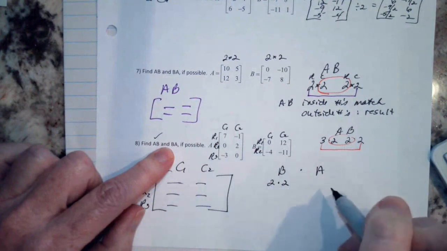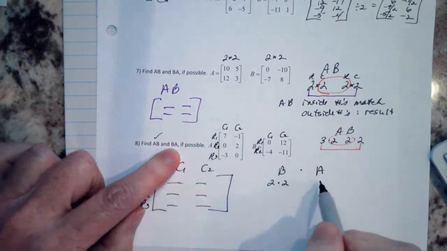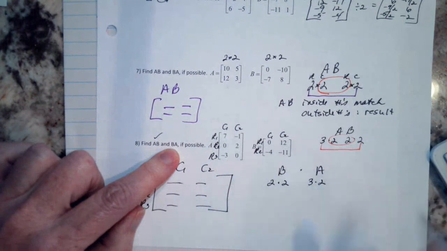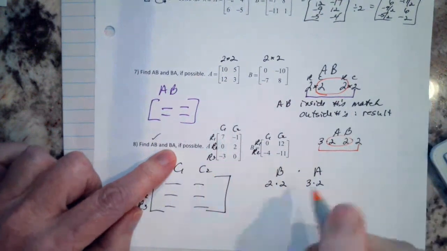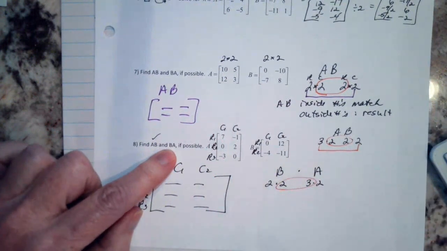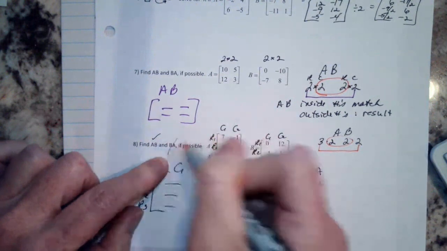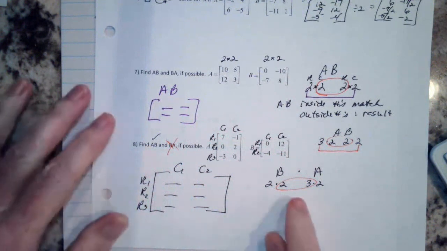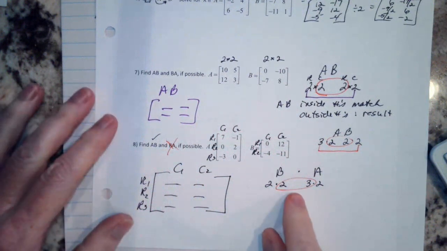And then times A, A is 3 by 2. In order to play the game, the inner numbers have to match. They don't. So BA is just not possible. Not possible would be the answer. The inner numbers have to match in order for you to be able to play the game.